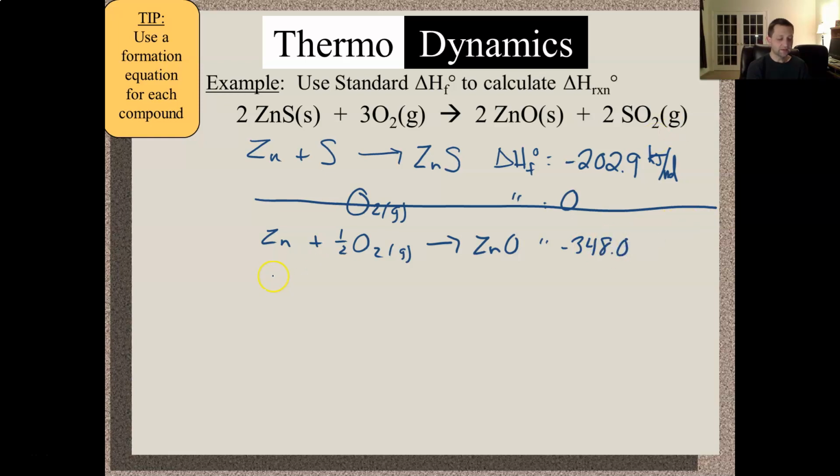Finally, we have sulfur dioxide. So we have sulfur plus oxygen gas produces sulfur dioxide. Look at your reference table, and you can find the delta H value for SO2 as negative 296.1 kilojoules per mole.